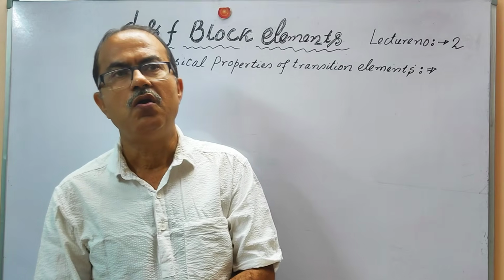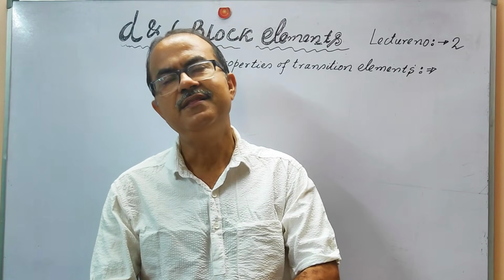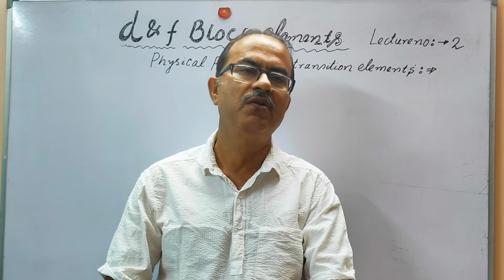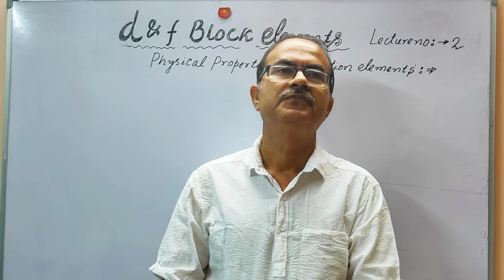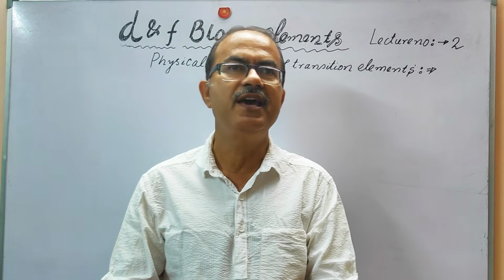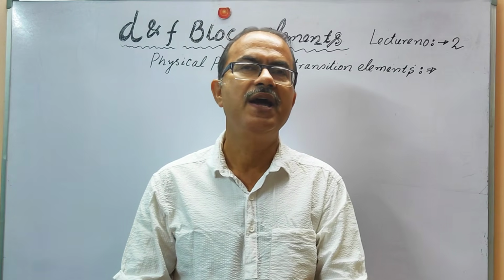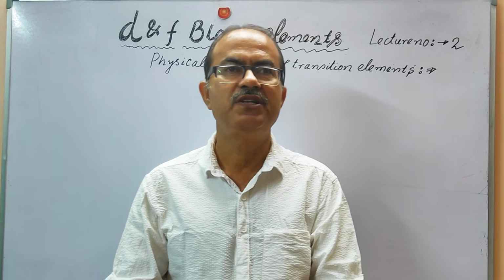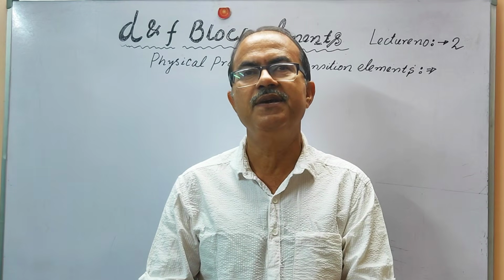Here, all the transition elements resemble each other in physical and chemical properties because their outer shell electronic configuration, that is ns2, is similar, and that is why they will exhibit almost similar properties.